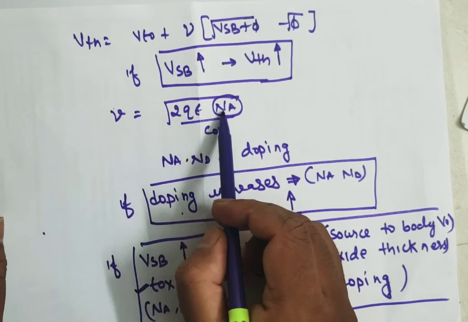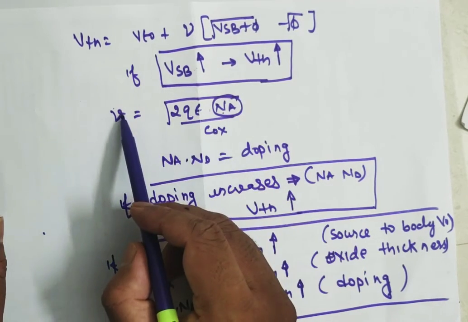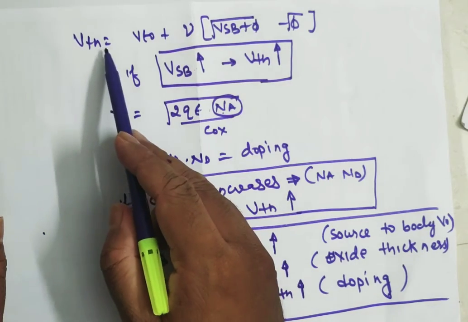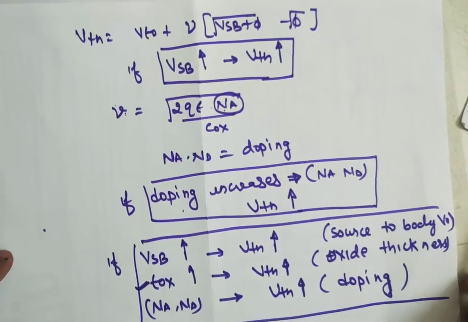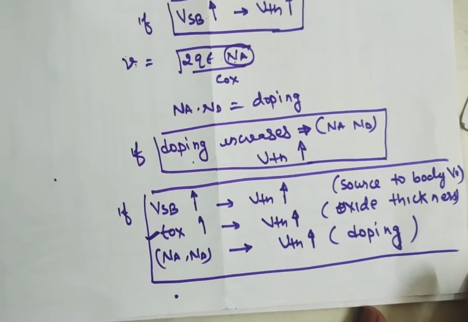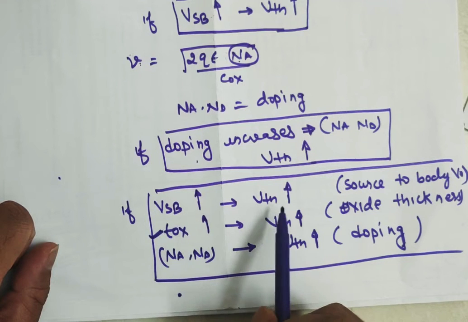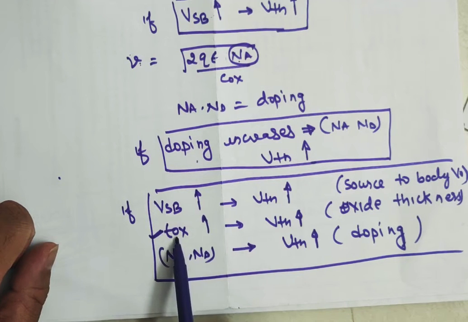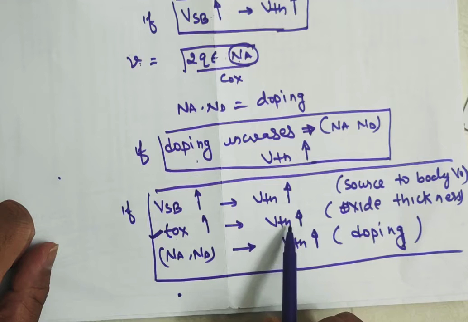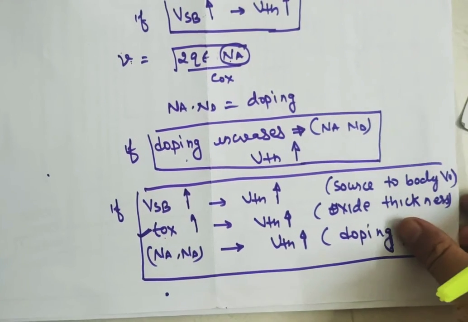Because this is a direct relation. If Na or doping is increasing, your gamma will increase, and if your gamma increases, directly your Vth will increase. So the combined effect is: if your VSB is increasing, your Vth will increase. If your oxide thickness is increasing, your Vth will increase. If your doping is increasing, your Vth will increase.